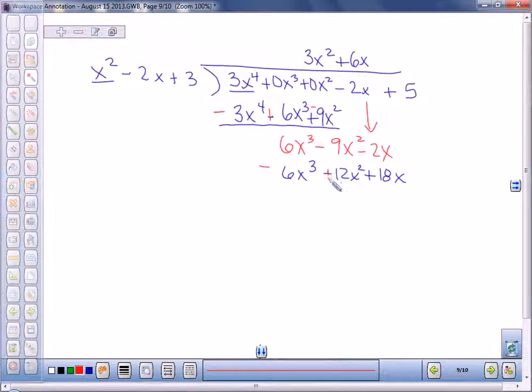Okay, so that leaves me with 3x squared minus 20x. So my divisor is a trinomial. I'll bring it down. Okay, so what goes here? 3. So I get 3x squared minus 6x plus 9. Change, change, change.